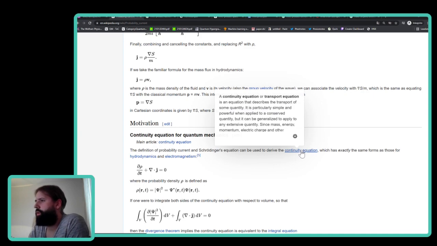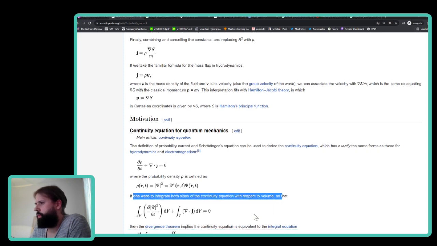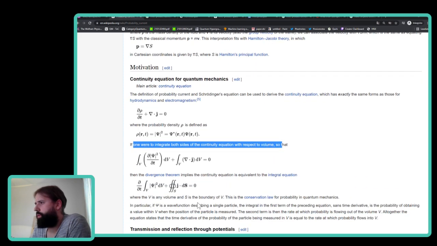Continuity equation. Woohoo! Nice. Then the divergence theorem implies the continuity equation according to the integral equation.